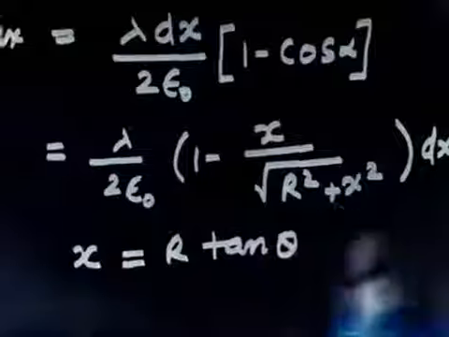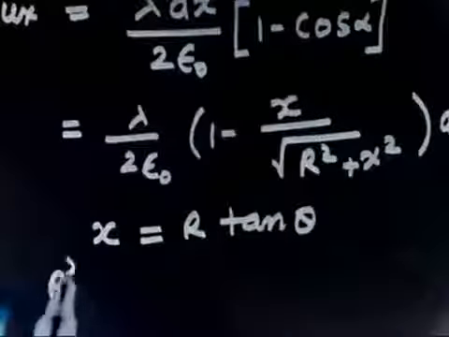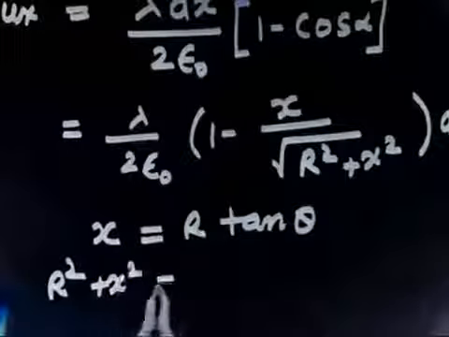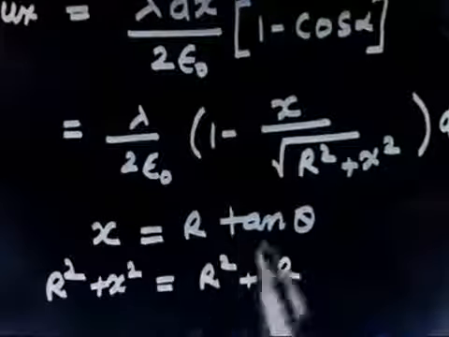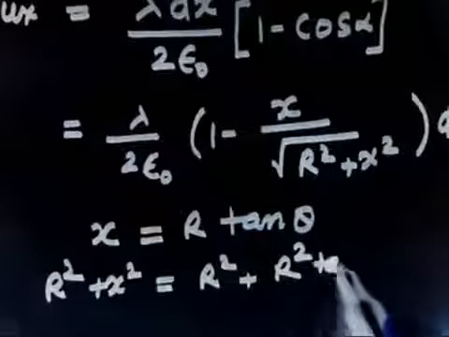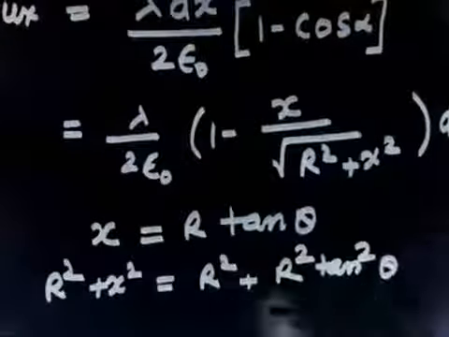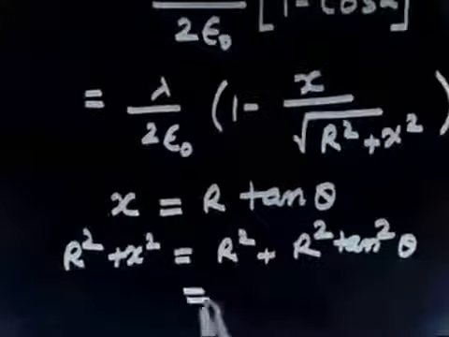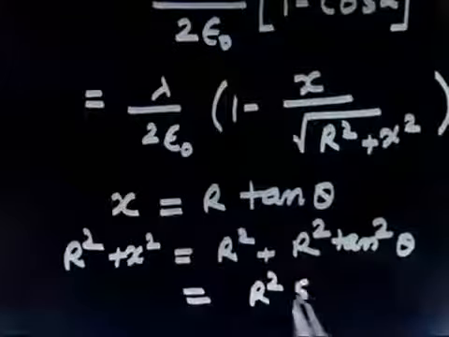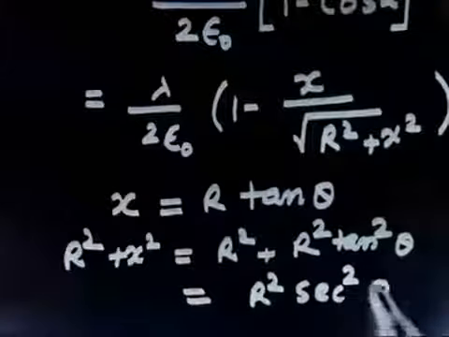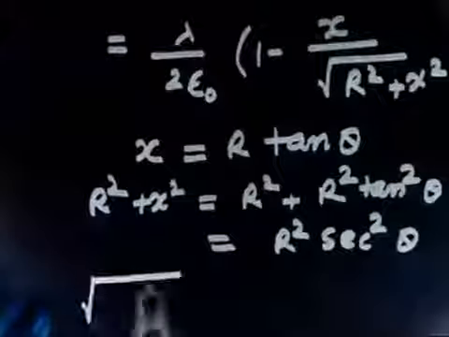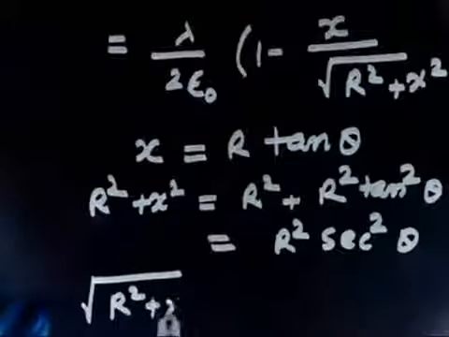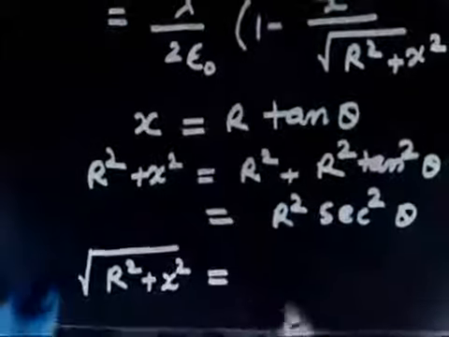So what will this term be? r square plus x square will be r square plus r square tan square theta, and this is r square into 1 plus tan square theta, and 1 plus tan square theta is sec square theta. So this is simply r square sec square theta. So the root of r square plus x square will be r sec theta.